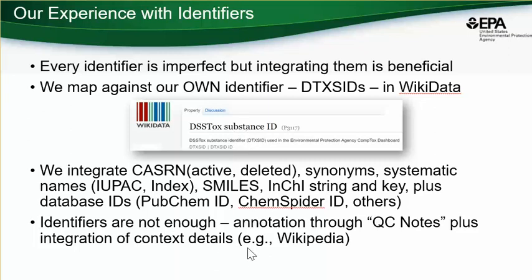But identifiers are generally not enough, as I said. You have to use some type of annotation. So we add QC notes to the chemicals that we register, and we integrate to other context.